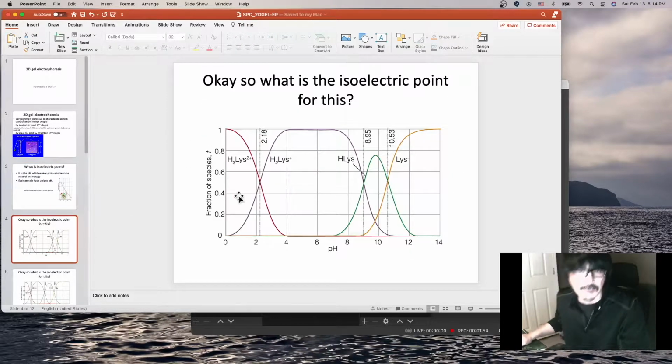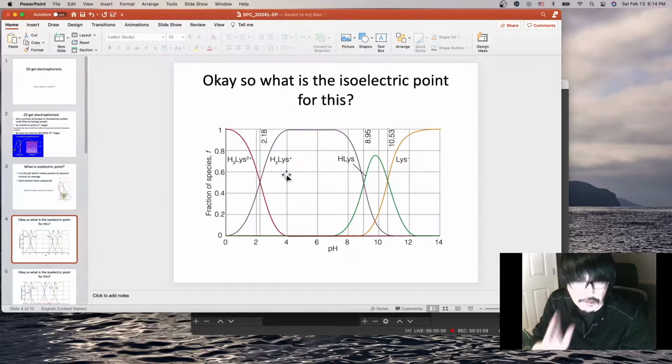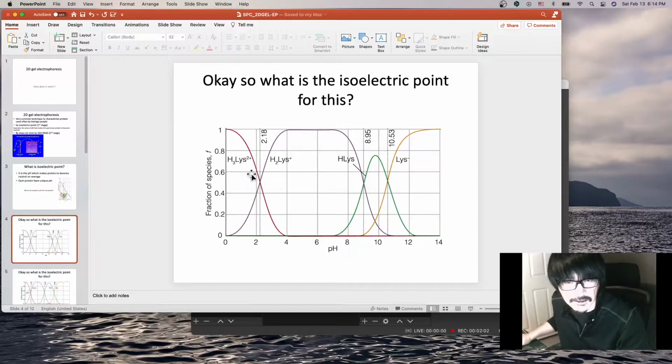So let's take a look at the polyprotic acid, which is some sort of a protein right here. So they have this H3 lysine 2+, and then H2 lysine plus, and then H lysine, and then lysine minus, right?